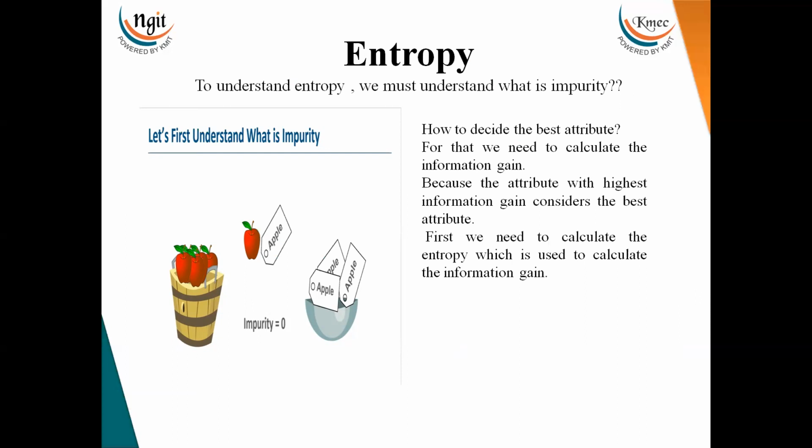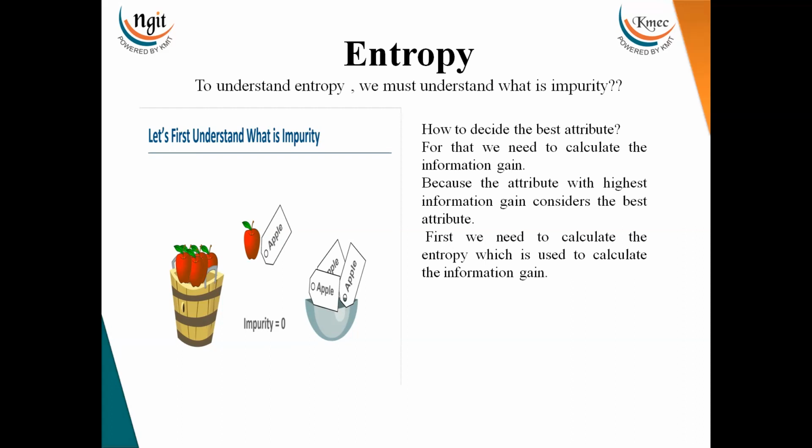Impurity plays a very important role in the calculation of entropy, and with the help of entropy we are going to calculate the information gain. So I should know impurity, entropy, and information gain. This is the flow. I hope you understood what impurity is. Impurity is nothing but how pure your data set is, how well you are able to select the data as well as the label consisting of that data.